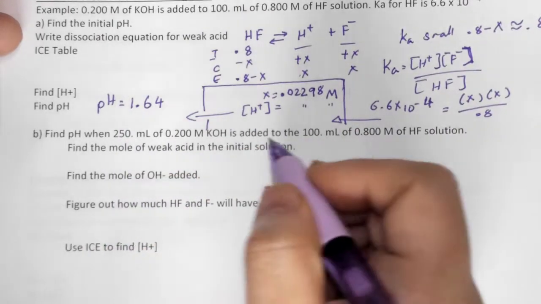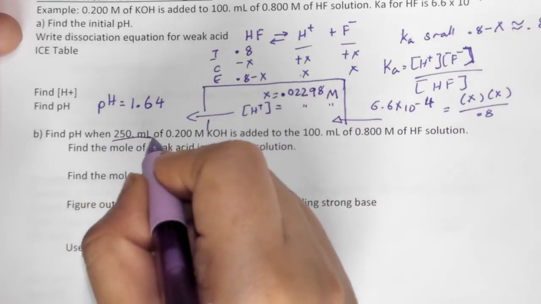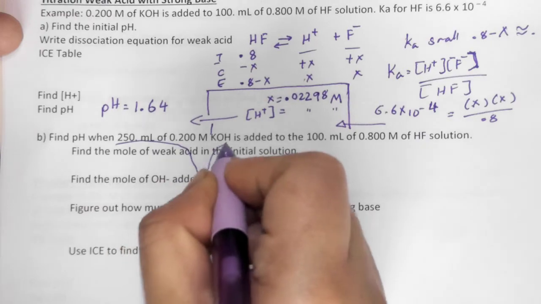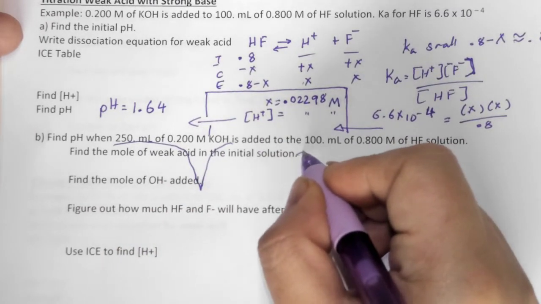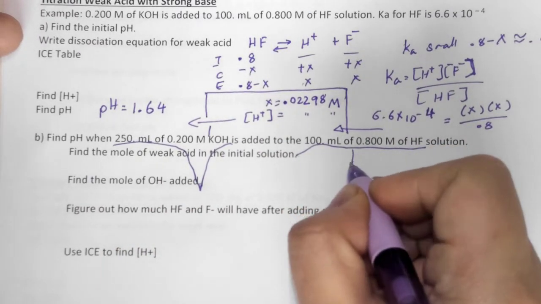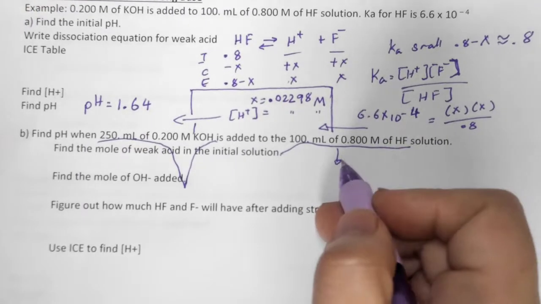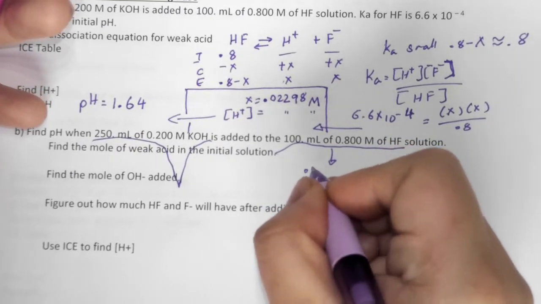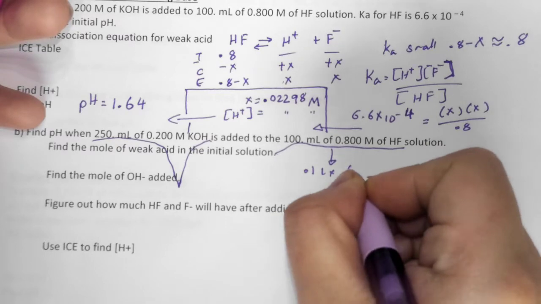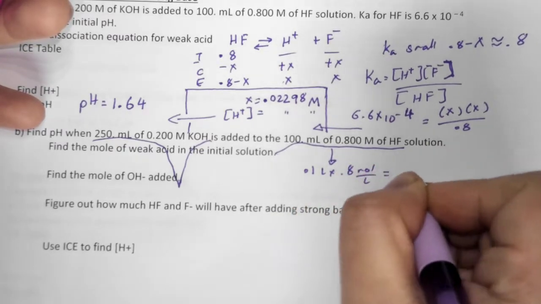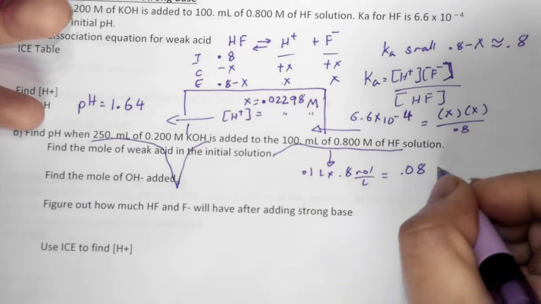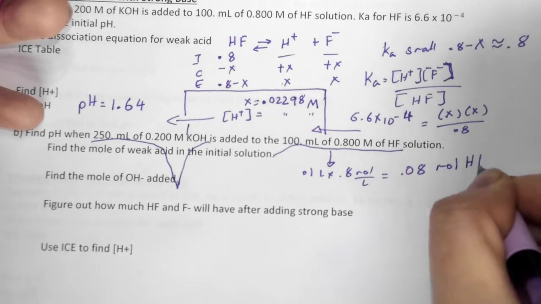To do the next one, you're gonna have to find mole just like the usual. So that's mole of OH minus added, and right here is mole of HF, not H plus, HF. So that would be 0.1 liter times 0.8 mole per liter, 0.08 mole HF.